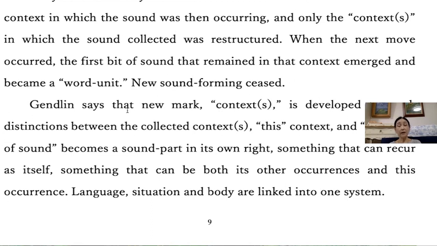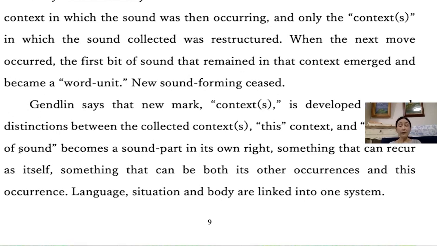Gendlin says the new mark context is developed to mark the distinction between the collected context, this context, and a.